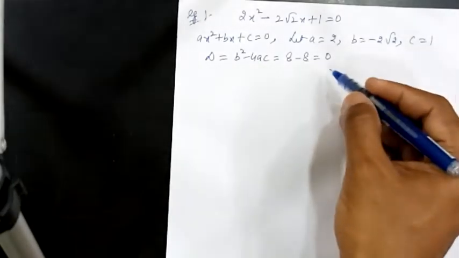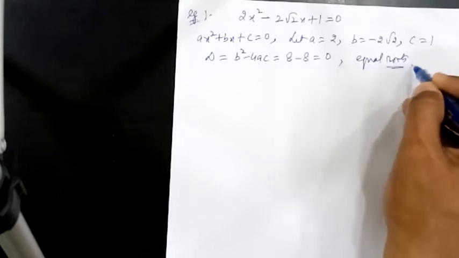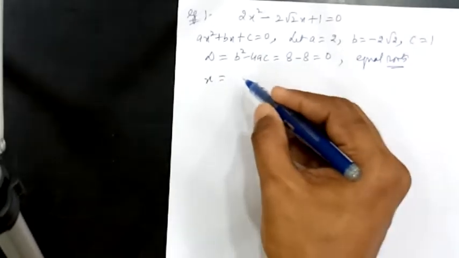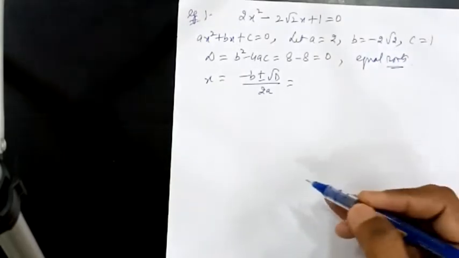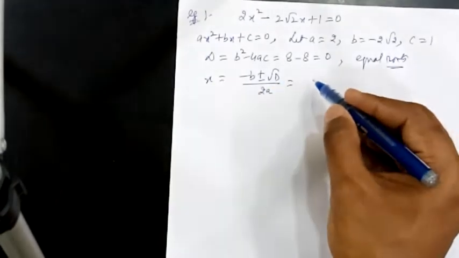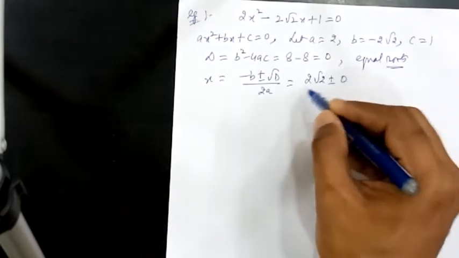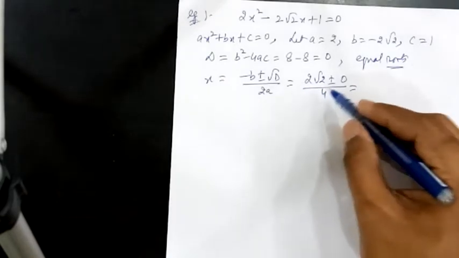So the value is 0, which means you will be getting equal roots. That is the main thing. Now just try to solve for x. It is minus b plus minus root d upon 2a. Minus b means 2 root 2, plus minus 0, upon 2a. a is 2, so 2a becomes 4.